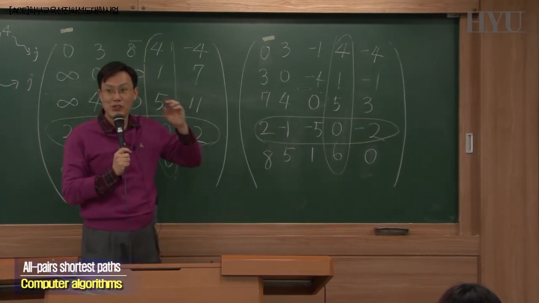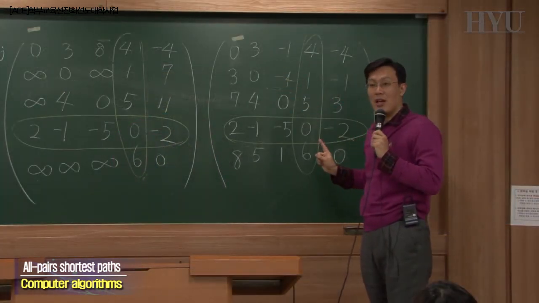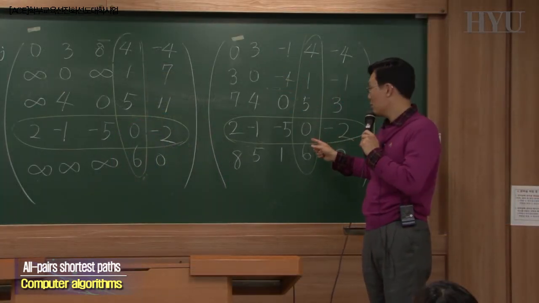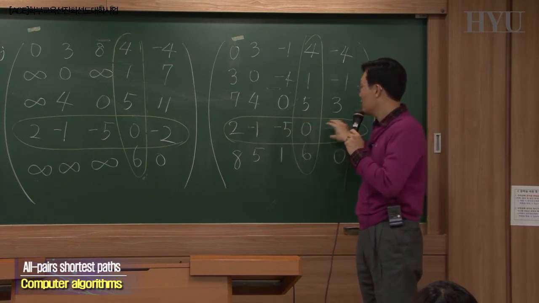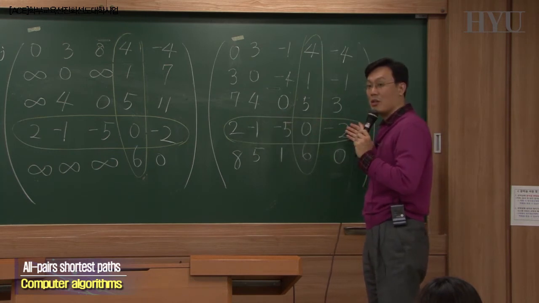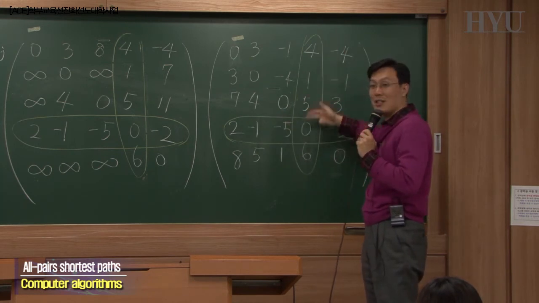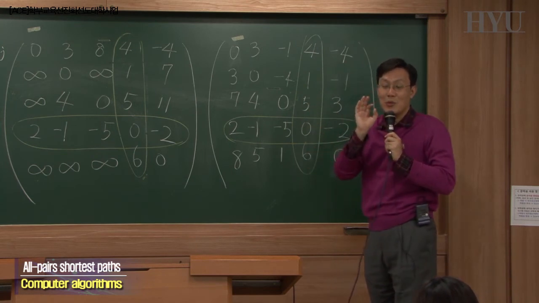Why don't they change? The values in the diagonal are zeros. So when you calculate this, it's always 0, so it doesn't change. Or we add this, it doesn't change. Okay, it's a good observation.